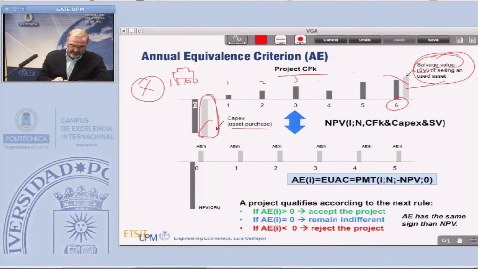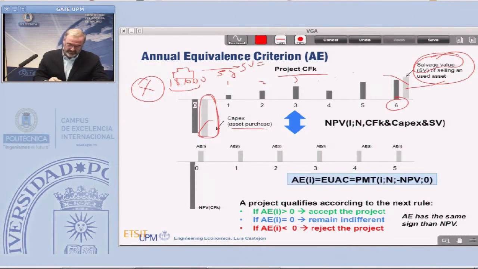Then 5 years from now, we decide to change our car and buy a new one. What is the salvage value of our car? We bought it for 18,000 euros. In 5 years, what will be the market price at which you can sell this asset?